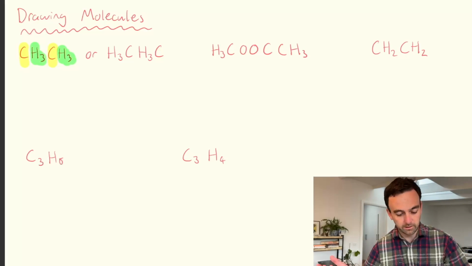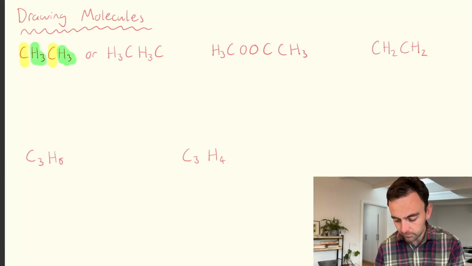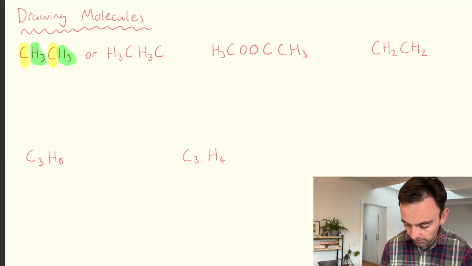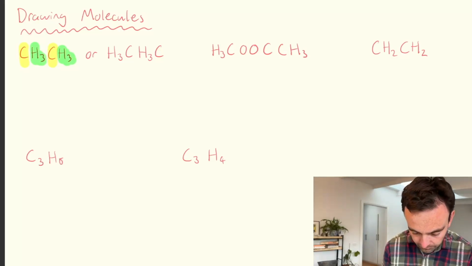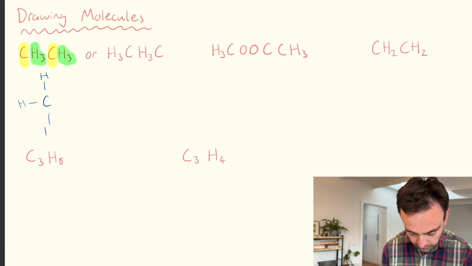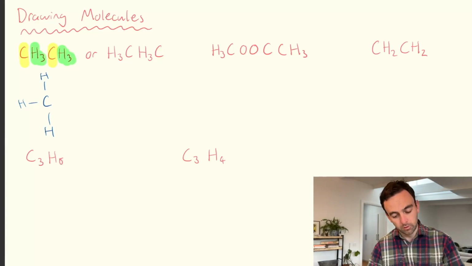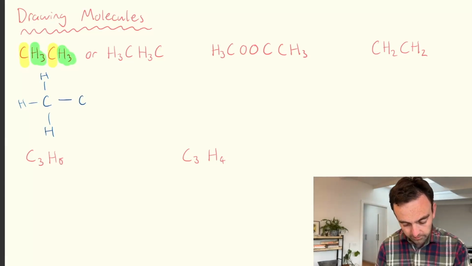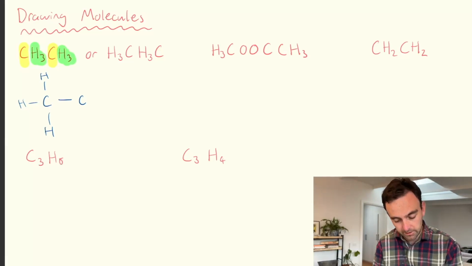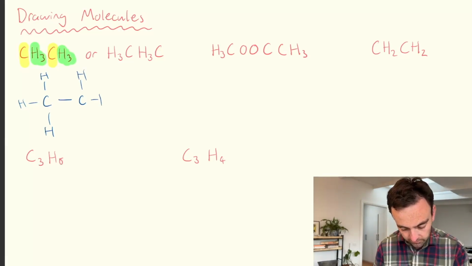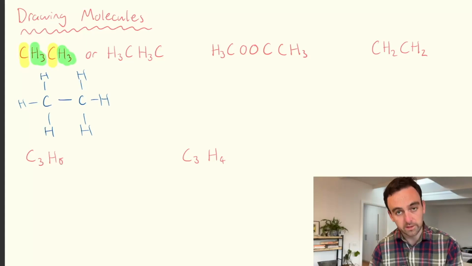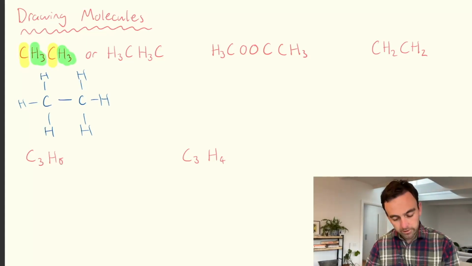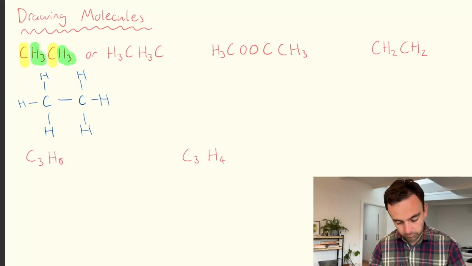They have to be bound to that carbon. So if we wanted to draw that out, it's a carbon bound to 3 hydrogens, and then carbon forms 4 bonds, as I've said before, so it binds to this other carbon over here, which has its own 3 hydrogens like that.